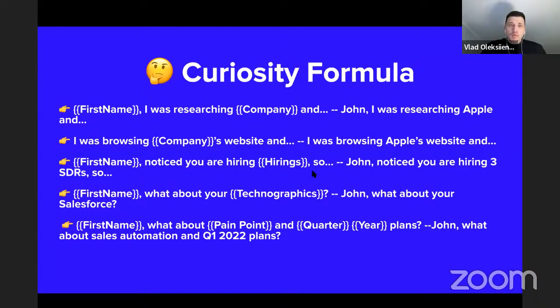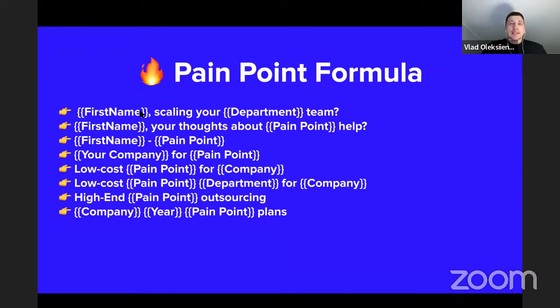Pain point formula, that's how you can use this formula to address your value proposition or reveal their pain point and so on. So for example, first name, scaling your sales department team. How can you get this information?